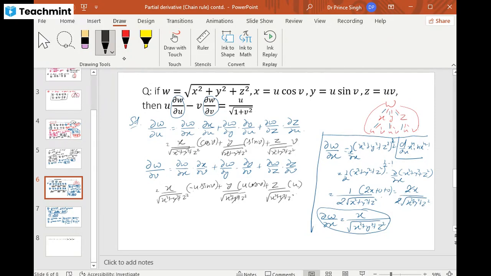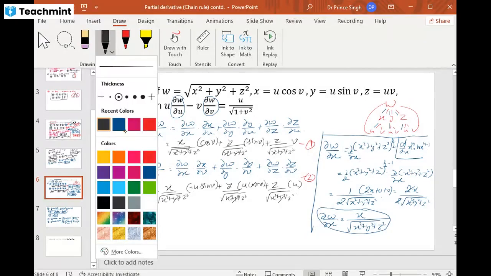So now say this is number 1 and this is number 2, right? So now what we need to do, we multiply ∂w/∂u with u, and this one with v, and subtract. Then what do we get? Okay, so if we multiply, let us consider some different color.